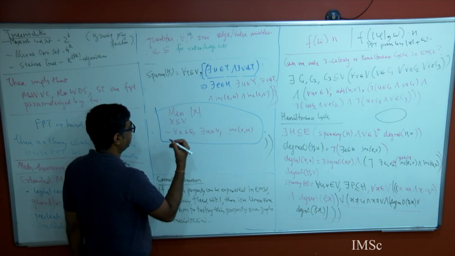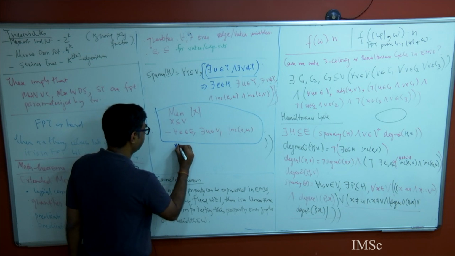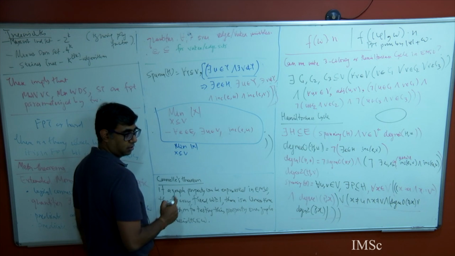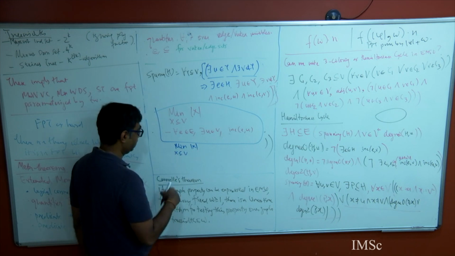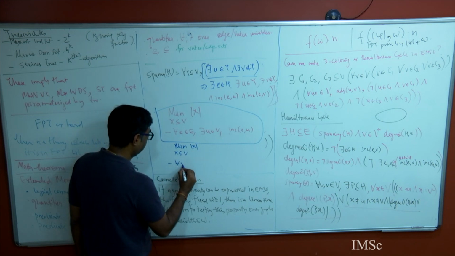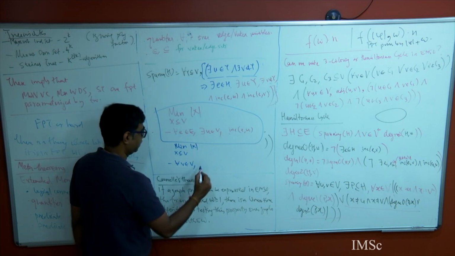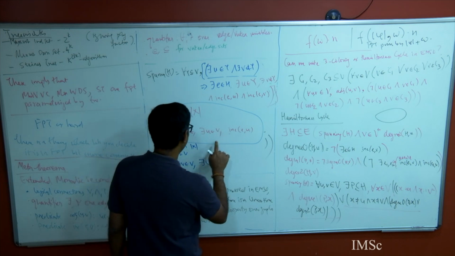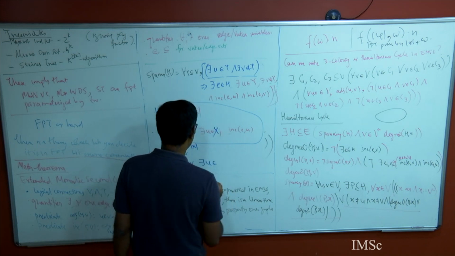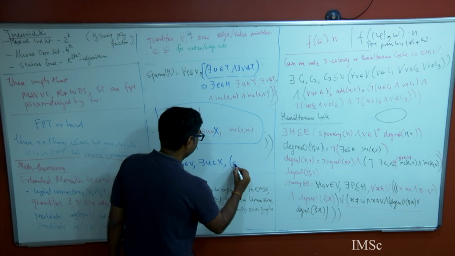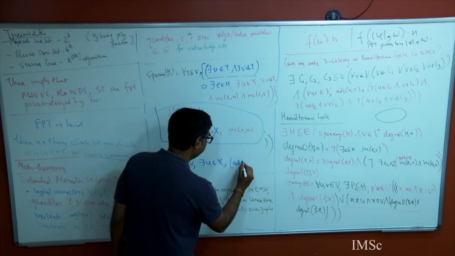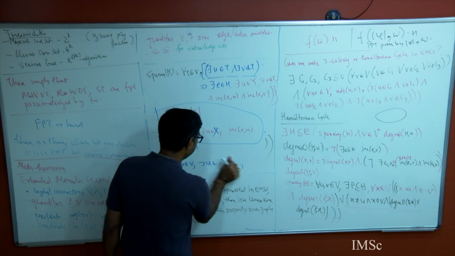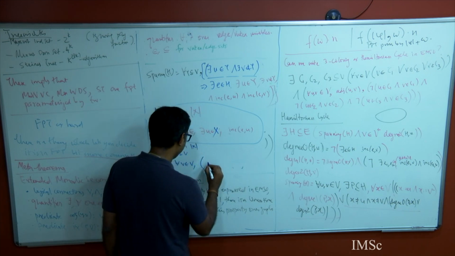So similarly I could write minimum dominating set. How will I write minimum dominating set? I could write minimize X subset of V such that for all V in V, there exists U in X, and what is true?